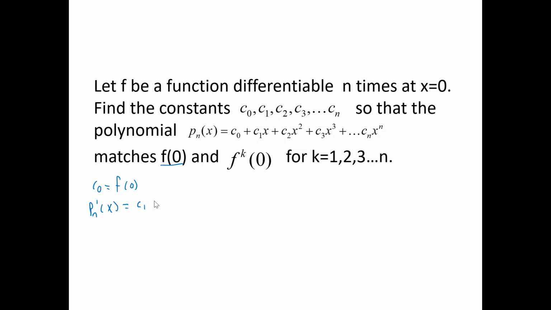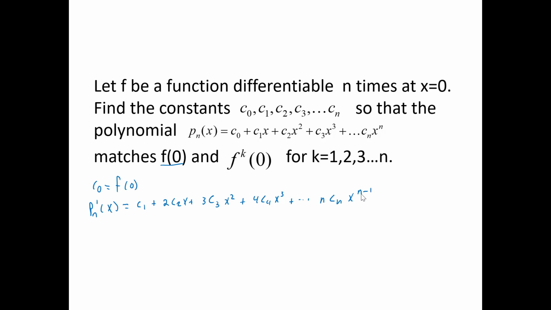And every term to the right will have an x. 2C2 x plus 3C3 x squared plus 4C4 x cubed plus dot dot dot. Then you will have n Cn x to the n minus 1.